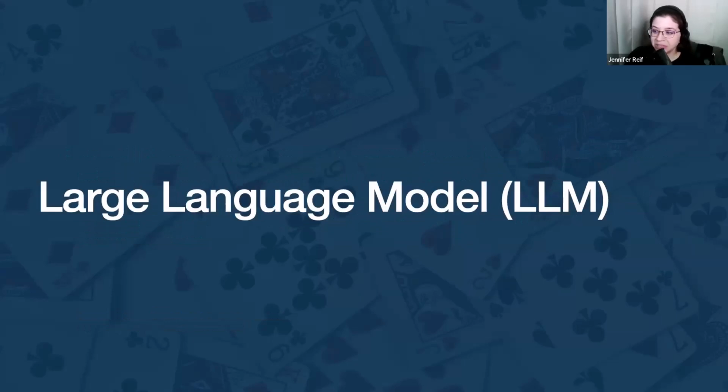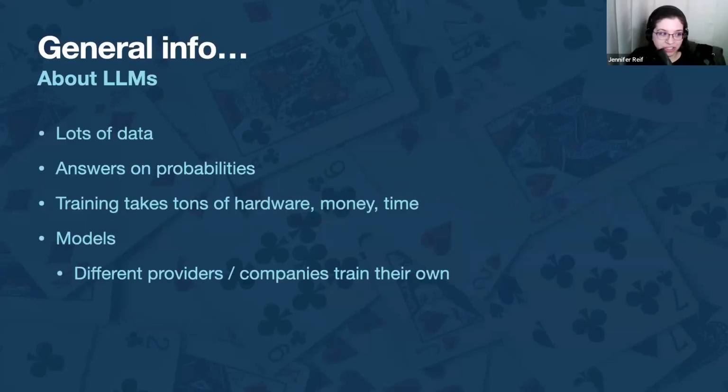So really the core and the crux of generative AI is the LLM, or the large language model. Just kind of a general starting point for that. LLMs use and are based on a lot of data. It's going to give answers based on probabilities, so it's very probabilistic. It's going to surface the highest ranking results.